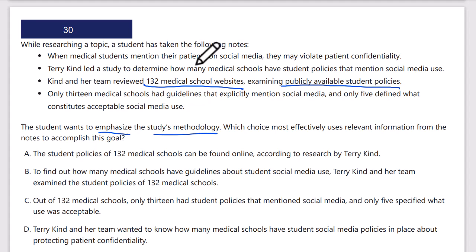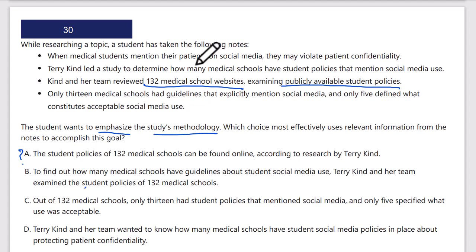The student policies of 132 medical schools can be found online, according to, yeah, but they examine the publicly available student policies. The student policies can be found online. I don't think this is fully right, but I'm not going to cross it out yet. To find out how many medical schools have guidelines about social media use, Terry Kind and her team examined the student policies of 132 medical schools.